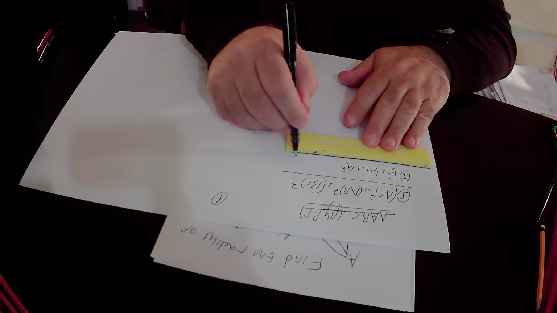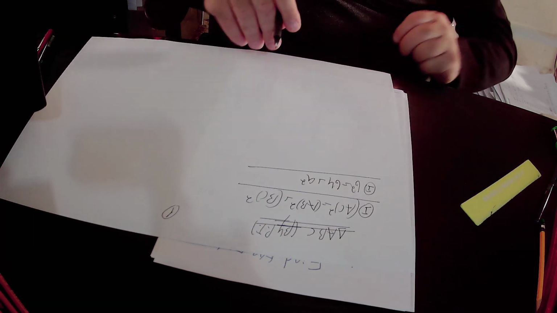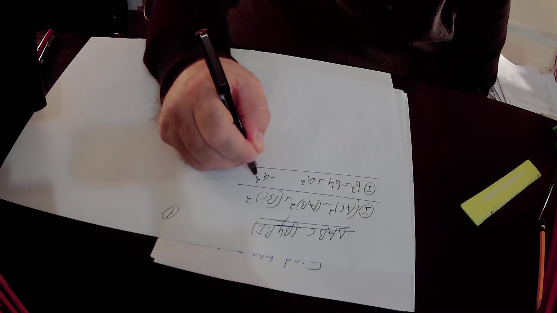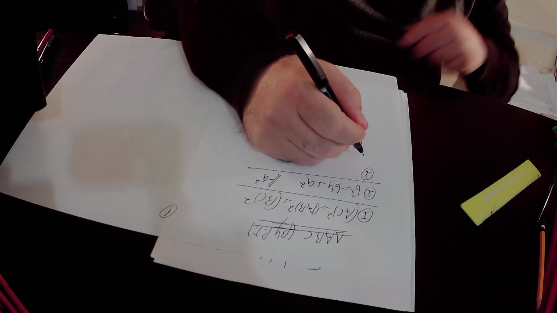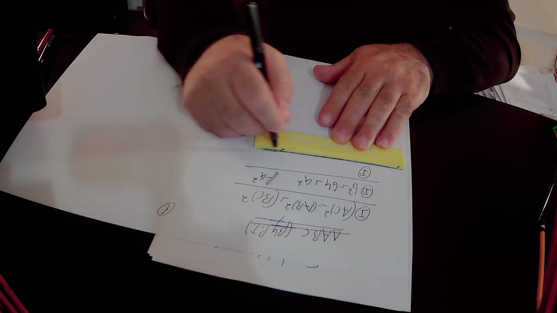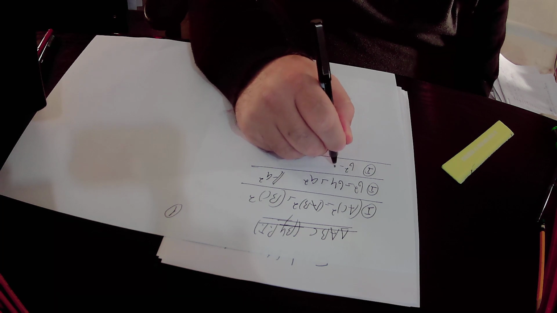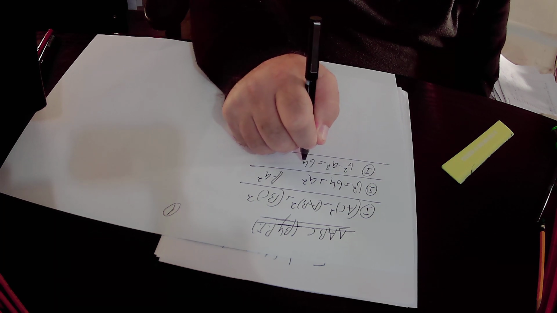So in conclusion, according to equation number 1, b squared equals 64 plus a squared. We subtract a squared from equation number 1, and we get b squared minus a squared equals 64.